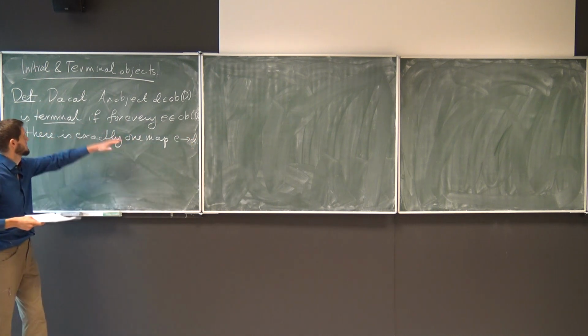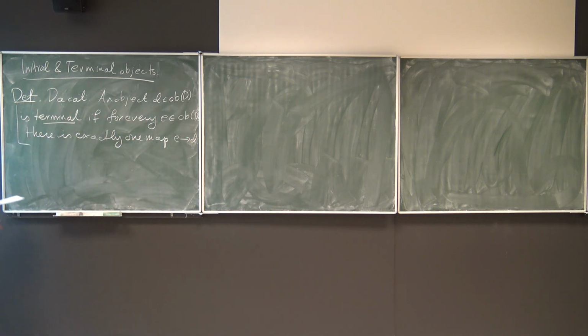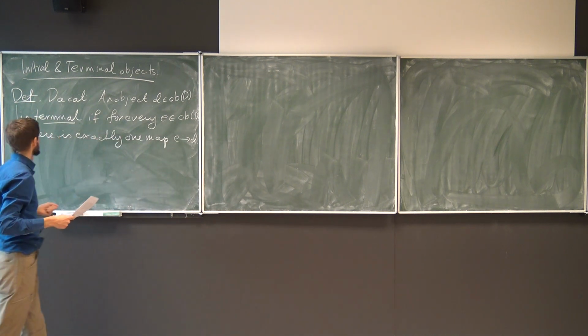Obviously, map means a morphism in the category D. So a terminal object is an object which has a unique map from every other object.